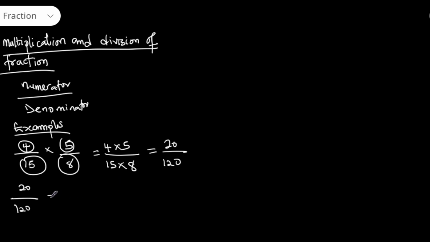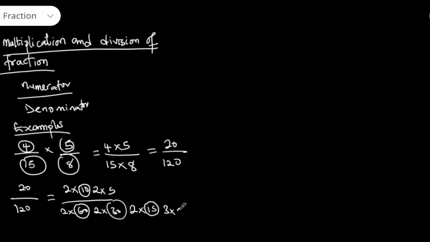Now, 20 is the same thing as 2 times 10. 10 is the same thing as 2 times 5. Now, this can no longer be simplified. 120 is the same thing as 2 times 60. 60 is the same thing as 2 times 30. 30 is the same thing as 2 times 15. 15 can still be split, which is 3 times 5.